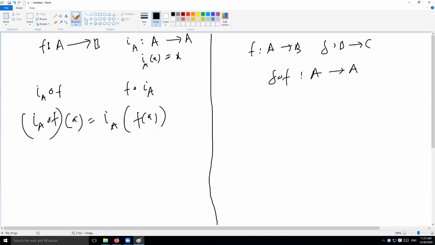But where is this element f of a? In B. So can I apply identity of A onto an element of B? No, I can't apply. So this does not make sense. This will not recognize f of a.